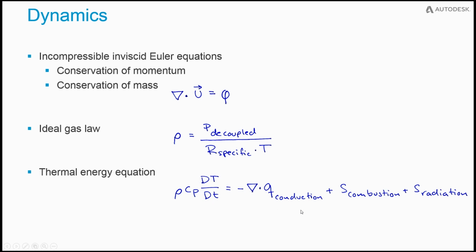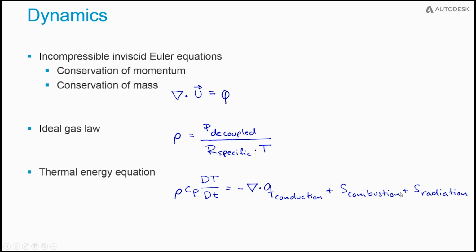On the right-hand side here, we have some of the contributions that we are modeling that contribute to the change in temperature. And the first contribution here is conduction. So basically, when two objects of different temperature come into contact, now the contact part is important, then you'll have a heat flow between the two. And heat flow is specified usually with a flux, and then we apply the divergence operator to it here to compute the total outflow of heat due to conduction.